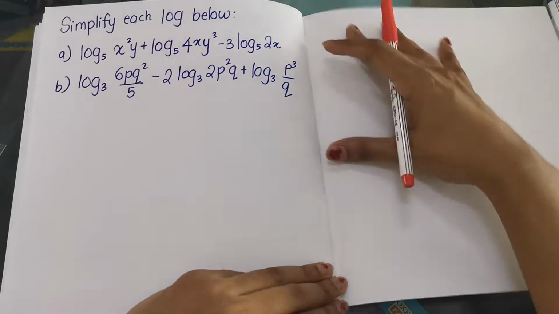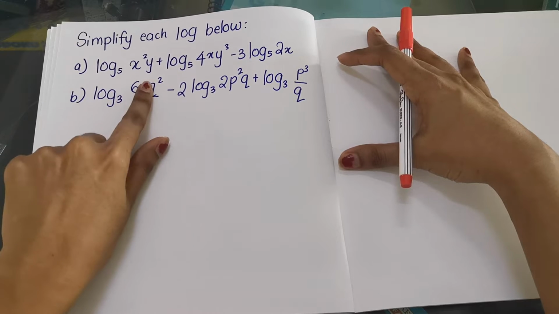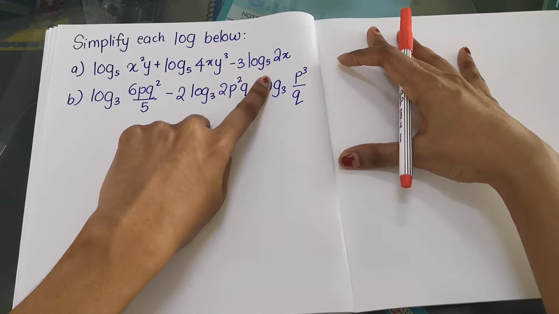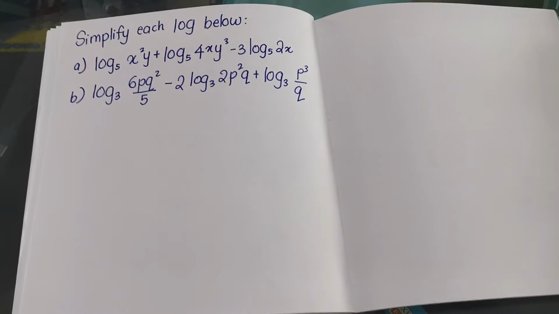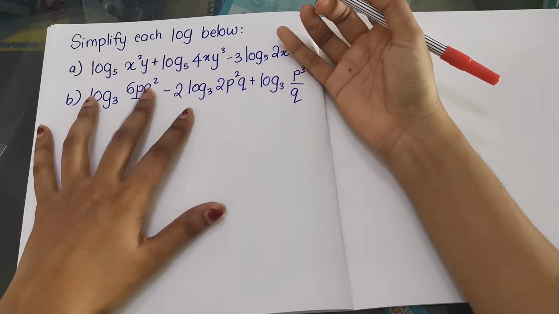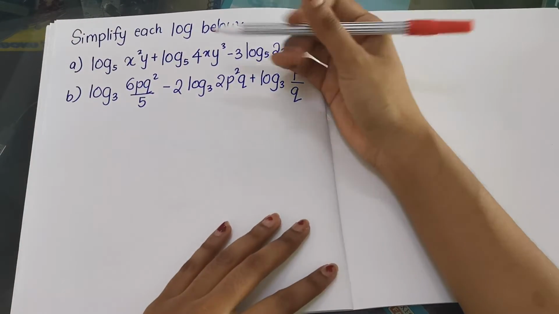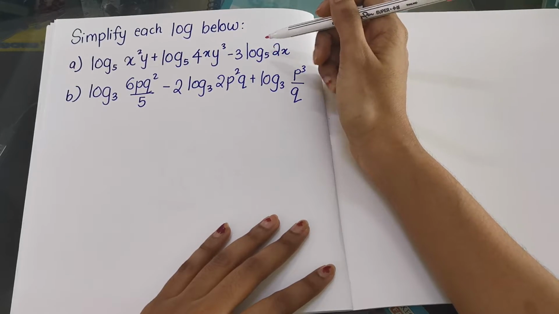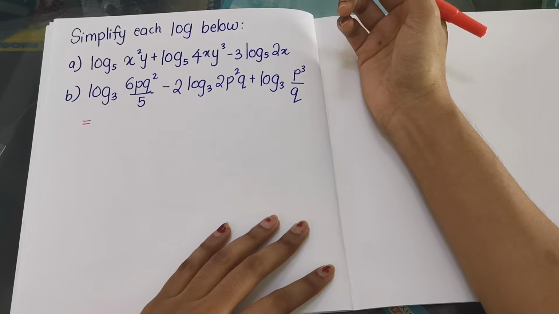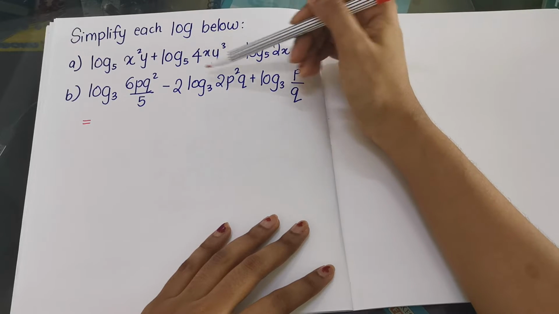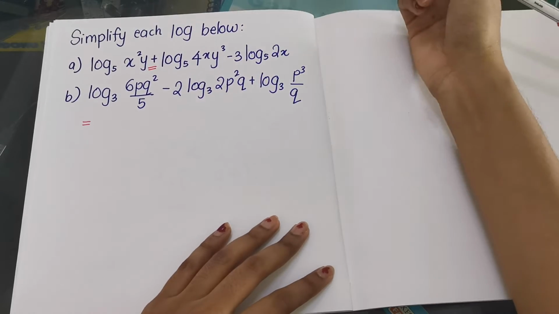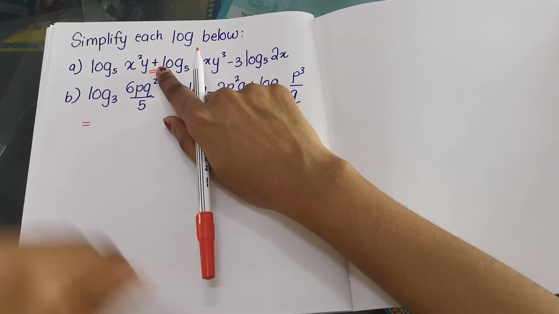Okay, so over here we have log base 5 of x squared y, plus log base 5 of 4xy cubed, minus 3 log base 5 of 2x. In this equation, all the logs have the same base, all of them are base 5. So first we bring x squared y and 4xy cubed together by using multiplication, because this is an addition.